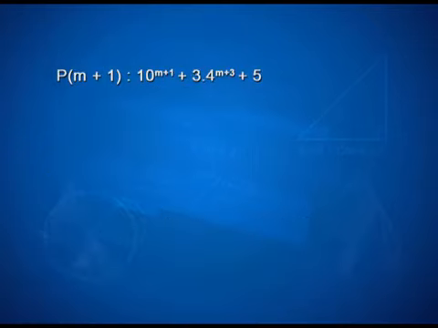For P(m+1), we will write 10^(m+1) + 3 × 4^(m+3) + 5. This could be split as 10 × 10^m + 3 × 4 × 4^(m+2) + 5.